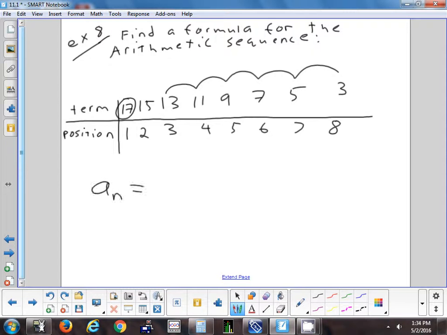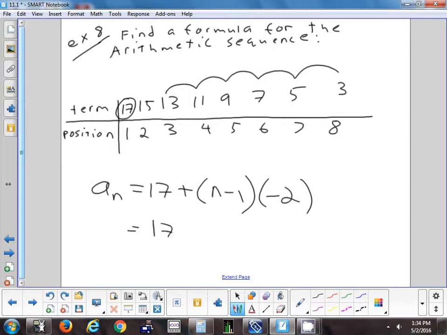So what would be my formula this time? 17 plus, times 2. And my common difference is negative 2. You're adding negative 2. Okay, distribute out the negative 2.